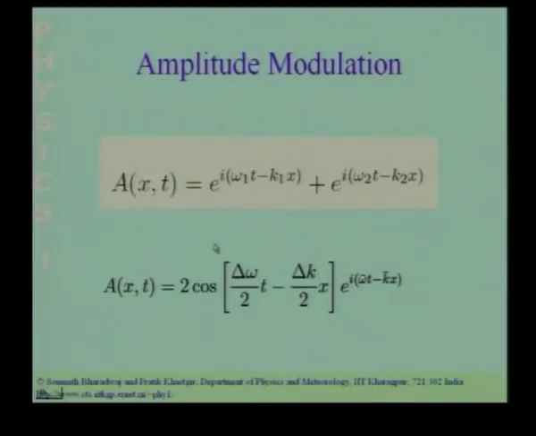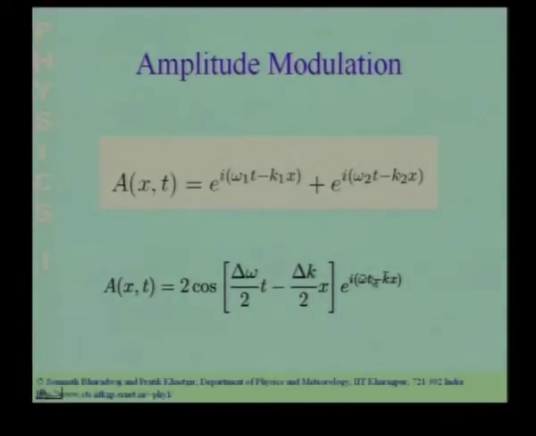So, it is just a small generalization of the exercise which we have already done in the beginning of today's lecture, just that we have now incorporated the spatial dependence also. So, now you see that the resultant is a product of two different functions of space and time.